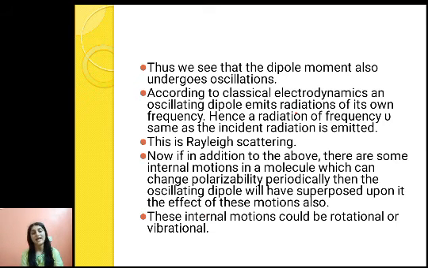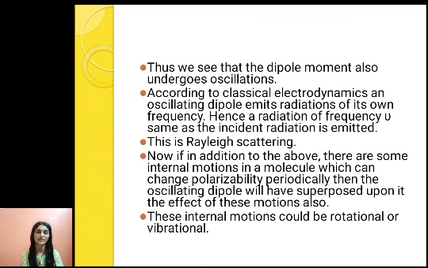Now, if in addition to the above, there are some internal motions in a molecule which can change polarizability periodically, then the oscillating dipole will have the effect of these motions superimposed upon it. When we refer to internal motions, we are talking about vibrational motion and rotational motion of a molecule.